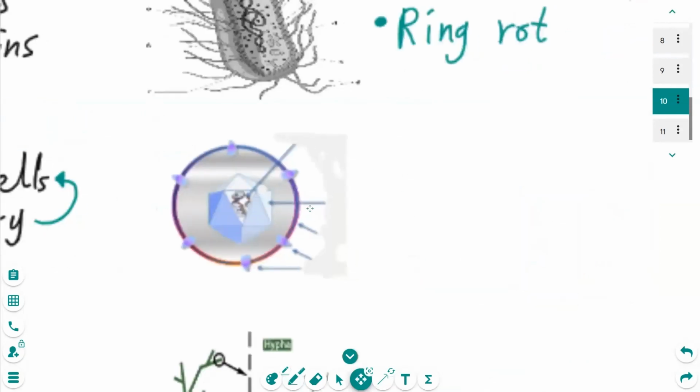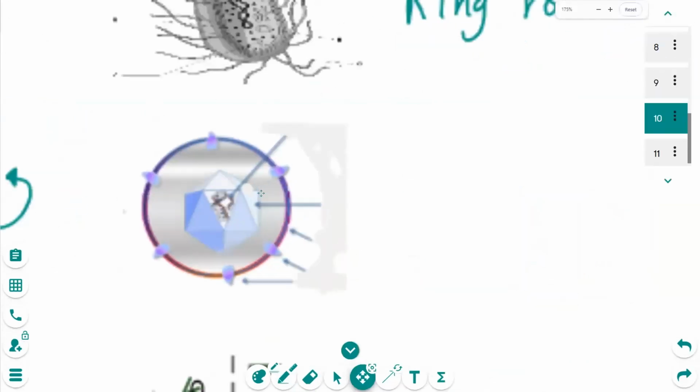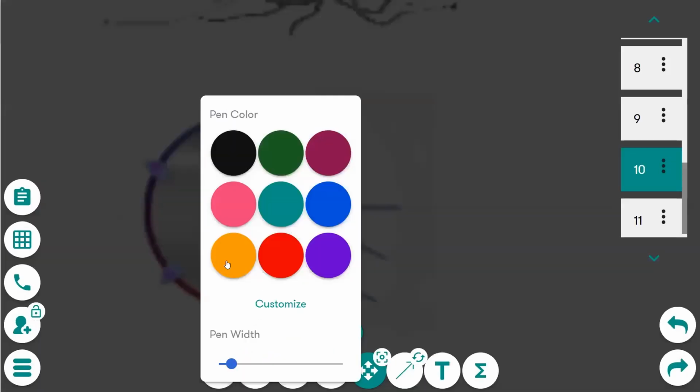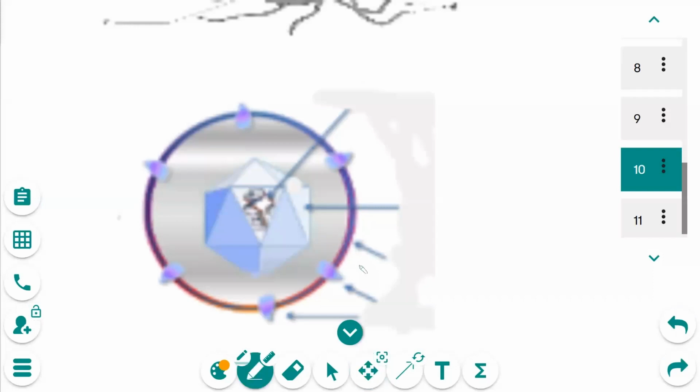Here we have a typical virus, and let's go through what the different structures are. I'm going to go through these in orange. Here we have the DNA or RNA, which is just the genetic material.